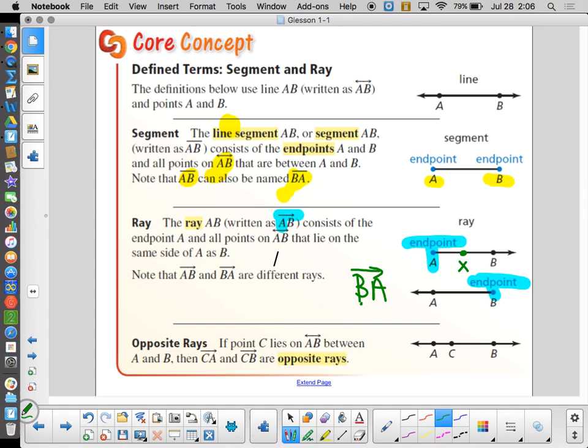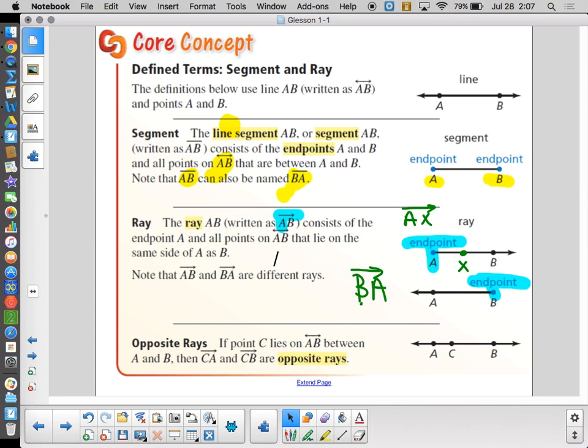Now, I could name this ray AX, and it'd be the same ray as AB because it has the same endpoint and is heading the same direction. But it's a different name. I certainly would not name it AXB. We save 3-letter names for things like planes, and later on we'll get to angles.